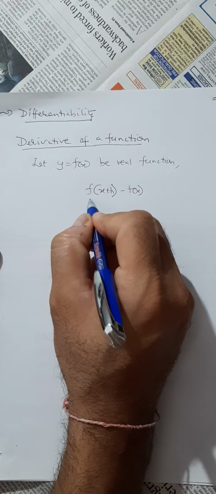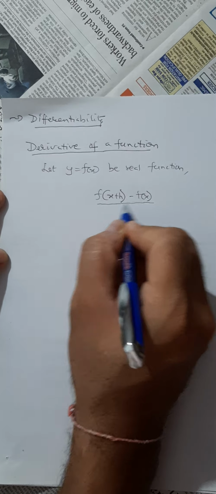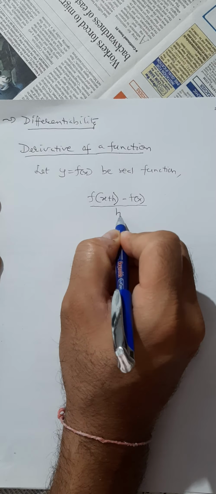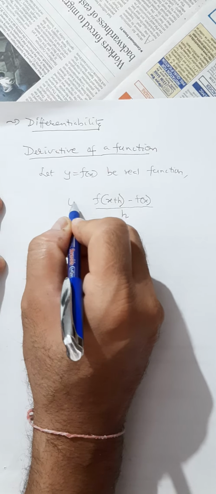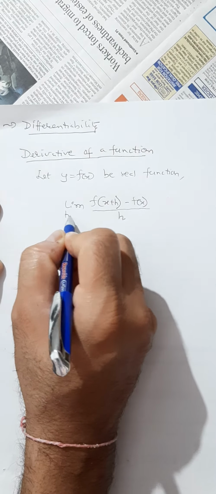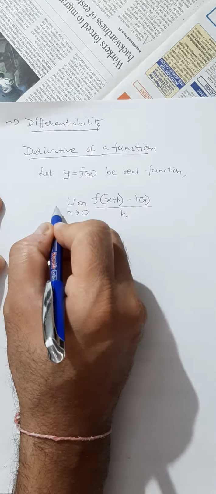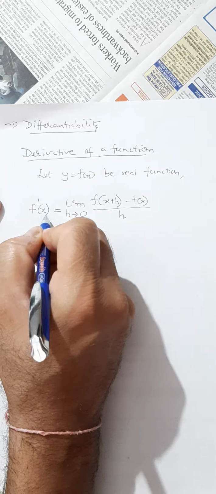h is any non-zero real number, upon the difference of these two, x + h minus x, which is just h, and we take a very small value of h, that is, we apply limit h tends to 0. If this limit exists, then that limit is called the derivative of a function, and it is denoted by f'(x).